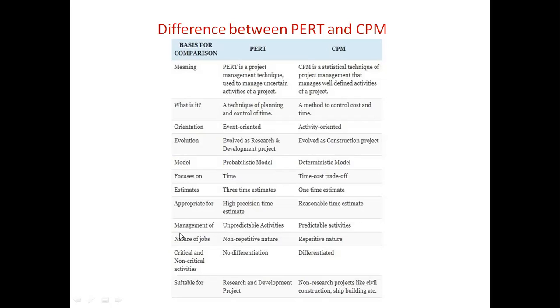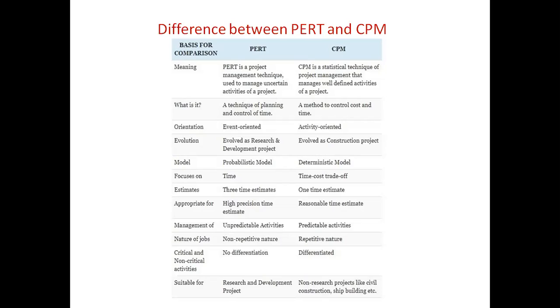Then, the other differences between PERT and CPM: management is of unpredictable activities for PERT, and here the predictable or definite activities will be considered in the CPM.